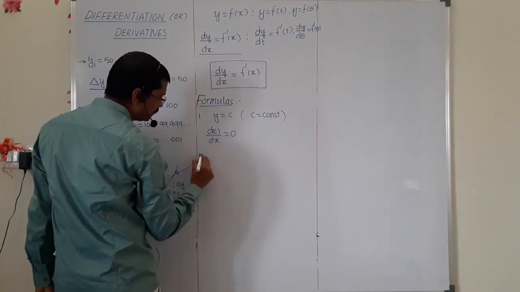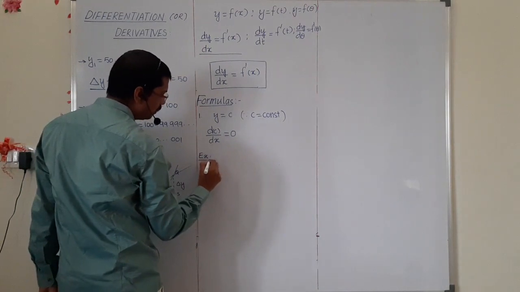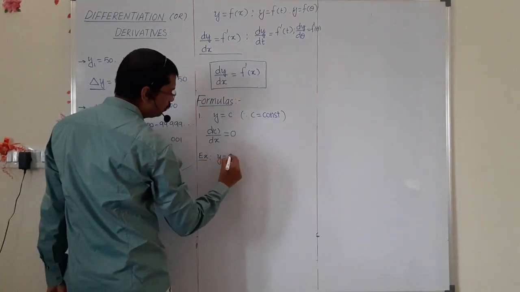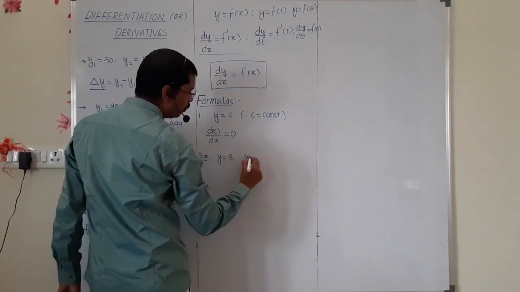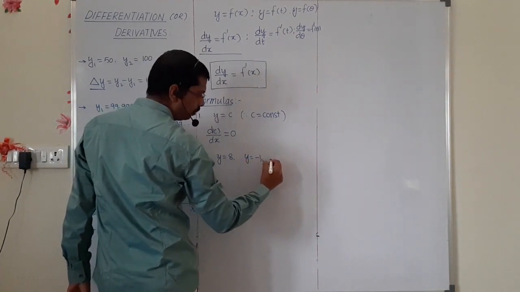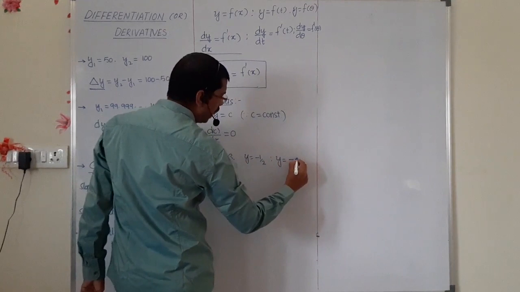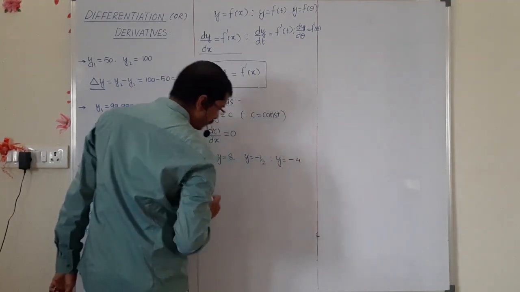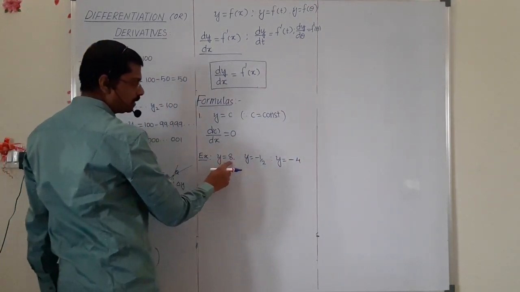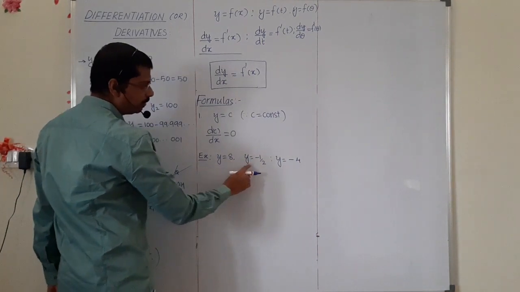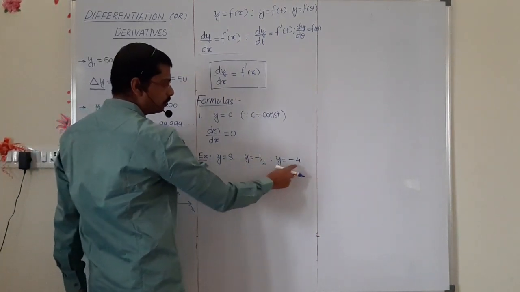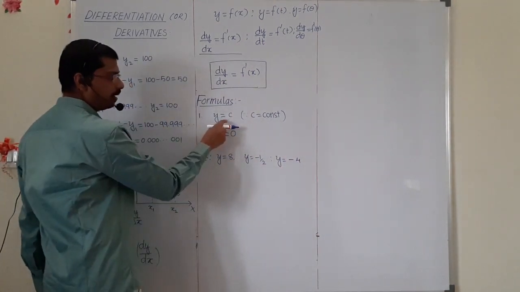Then if you take some examples based on this one: y equals 8, y equals minus 1 by 2, and y equals minus 4. In this condition, y is a constant. Here y equals 8 constant, y equals minus 1 by 2 constant, y equals minus 4 constant, given like that.